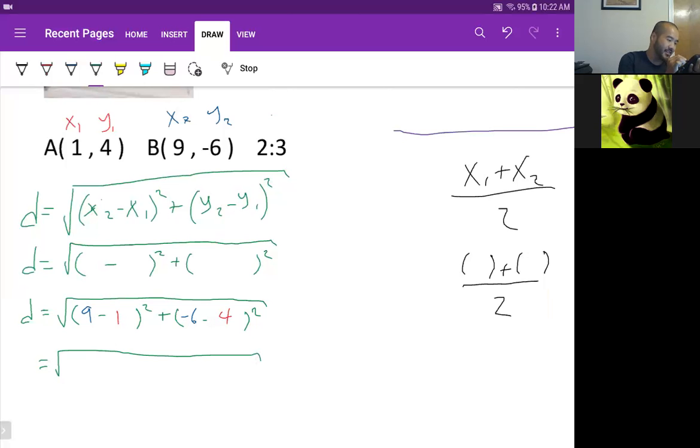Let me just make sure. So X2 was 9, yeah. X1 was 1, and then -6 minus 4. Cool. So 9 minus 1 is 8. So it's 8 squared. -6 minus 4 is -10 squared. If you're doing it in the calculator, you must have these parentheses around the -10.